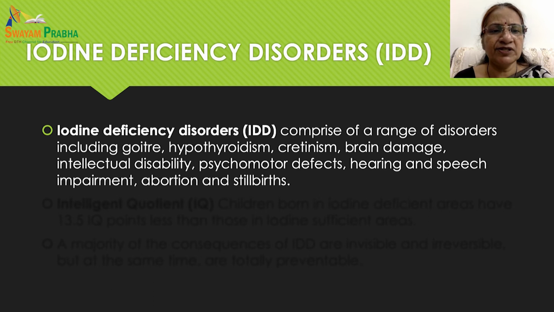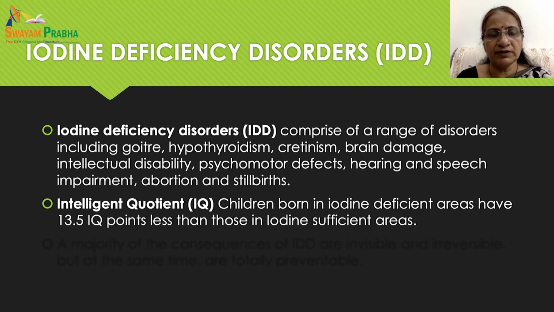Iodine deficiency disorders comprise a range of disorders including goiter, hypothyroidism, cretinism, brain damage, intellectual disability, psychomotor defects, hearing and speech impairment, abortion, and stillbirths. Intelligence quotient, that is IQ, of children born in iodine deficient areas is 13.5 IQ points less than those in iodine sufficient areas.